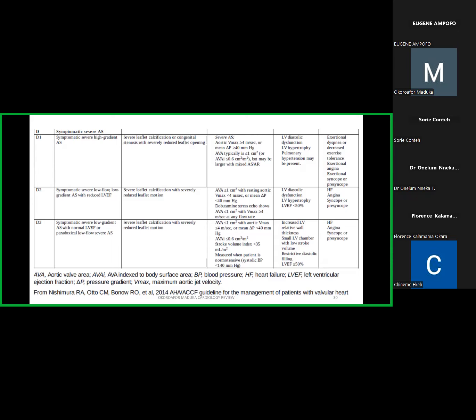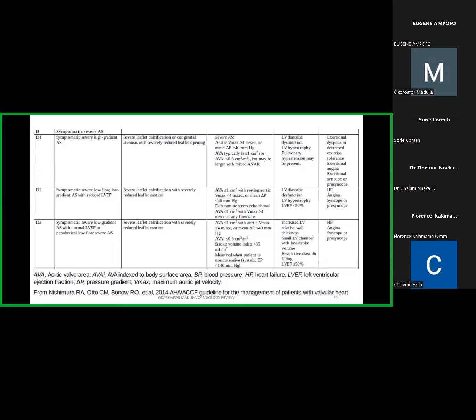Both the velocity across the valve and the gradient across the valve will not be up to the values you have for severe. So you have a value less than 4 meters per second for the velocity across the valve, and the mean gradient across the valve will also be less than 40. They will have angina, they could have syncope or presyncope. They could also present in heart failure.